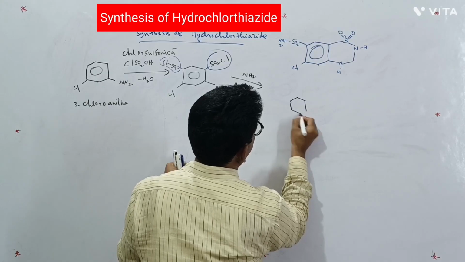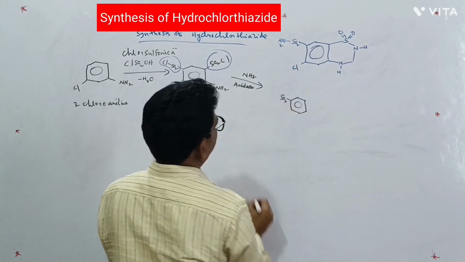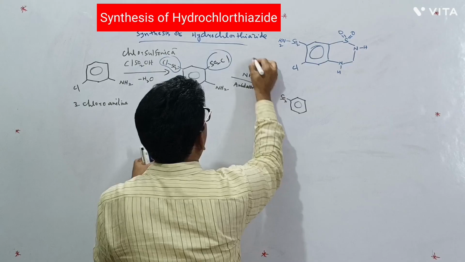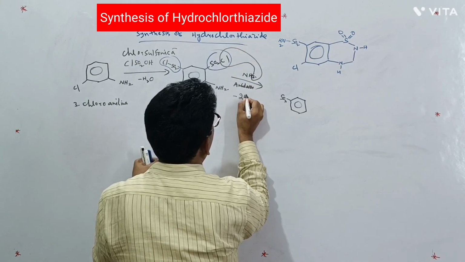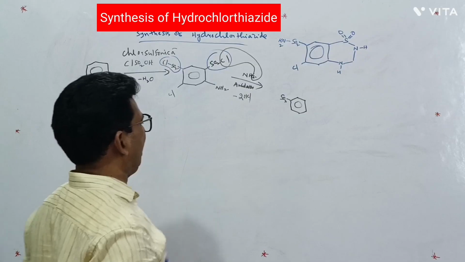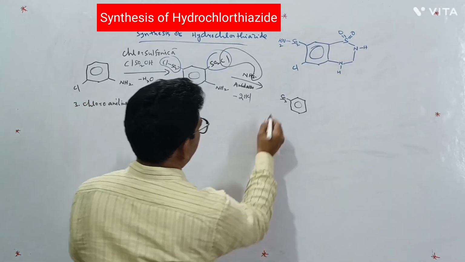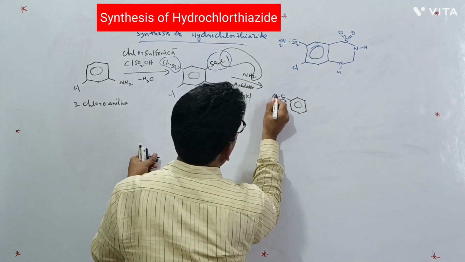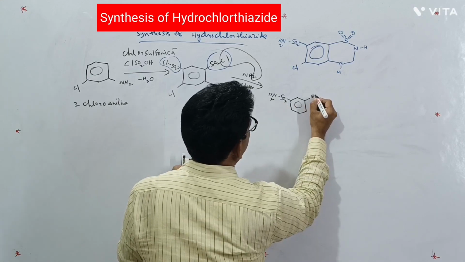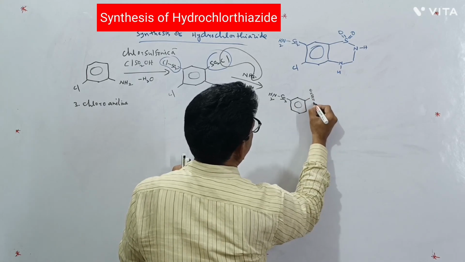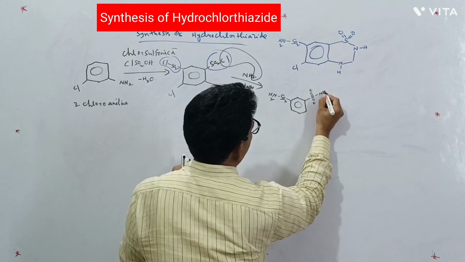See here SO2 is there. Okay, one of the hydrogen and one of the chlorine goes out in the form of 2 moles of hydrochloric acid. So what will remain here? SO2, then NH2. Here also SO2, I can write like this, SO2 NH2.